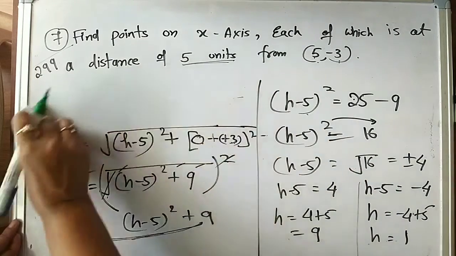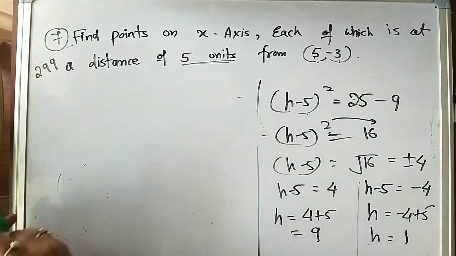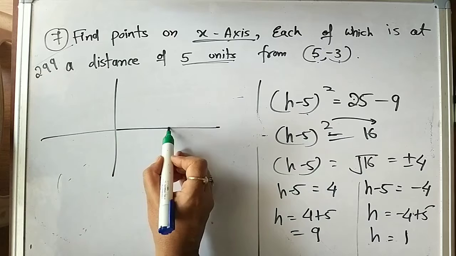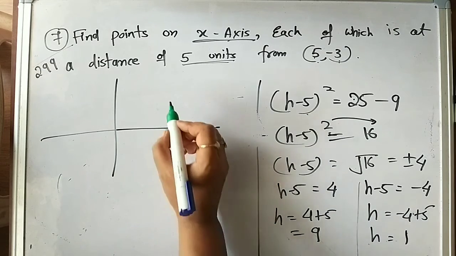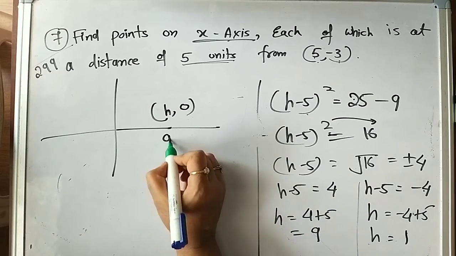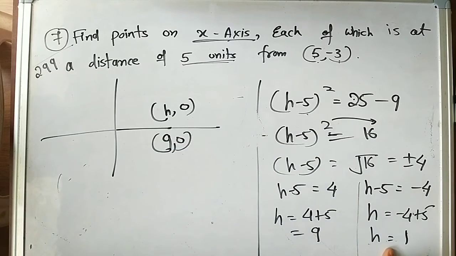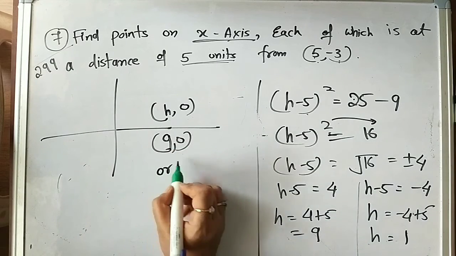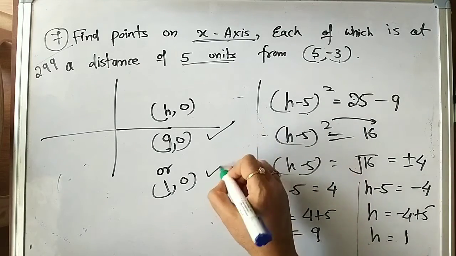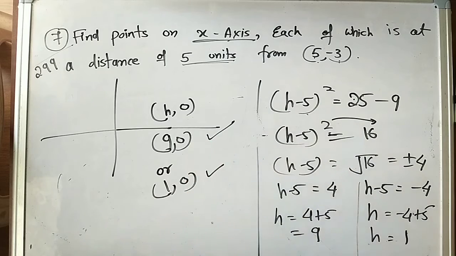Understood? So the point they are asking on x-axis, which we had assumed as h comma 0, is 9 comma 0 or 1 comma 0. So these are my answers. These two are possible points on x-axis.